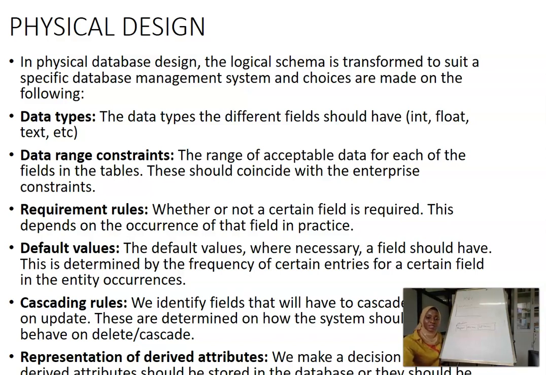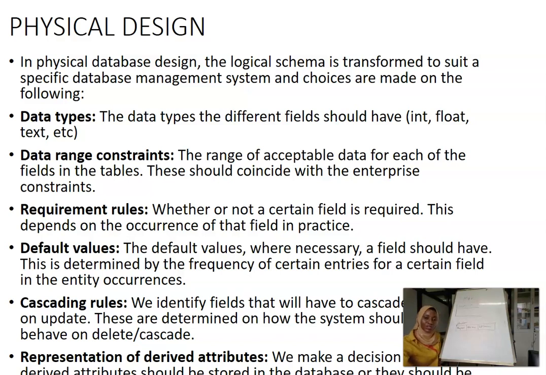So in the physical database design, the logical schema is transformed into a specific database management system, and choices are made on the following. In other words, the logical schema that you had has to be transformed into a specific database management system.